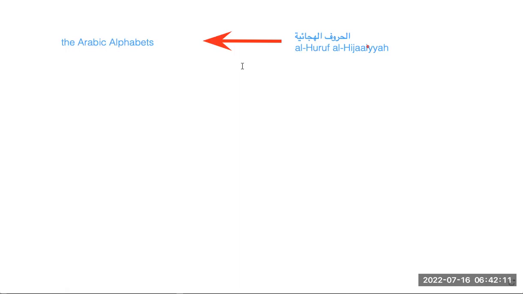In our huruf al-hijaiyah, we have certain letters that have similar shapes, and we have those that do not have similar shapes.